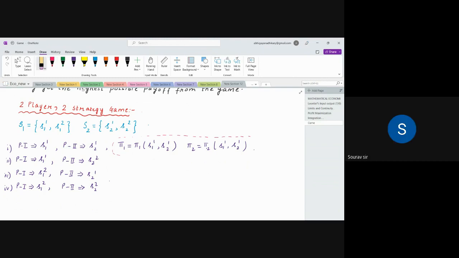Okay, let me rectify. I think it's quite confusing. Okay, let me just change the notation then. S1 is, let's say, AB, and S2 is, let's say, CD. So this is A and this is C, right? Correct.